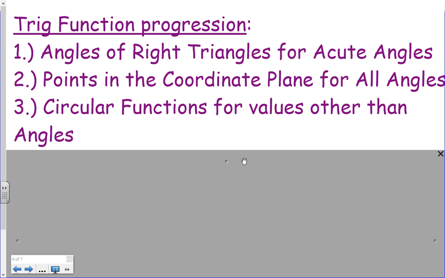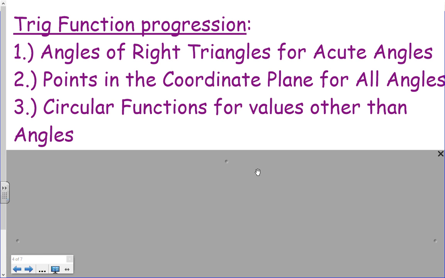All right, so where have we started and where are we at this point in terms of our work with our trig functions? When you walked in this year, I'm sure you understood SOHCAHTOA. That is, you understand the relationships between sine, cosine, and tangent and the three sides of a right triangle. So you understood working with angles of right triangles for acute angles. That we were pretty good at. We wanted to extend that. One of the first things we learned in the previous chapter was how to extend this to working with any angle.